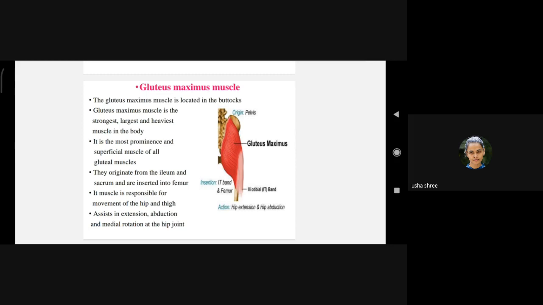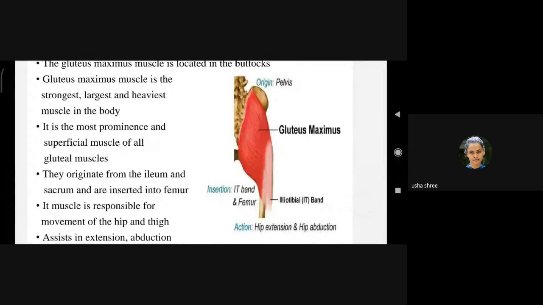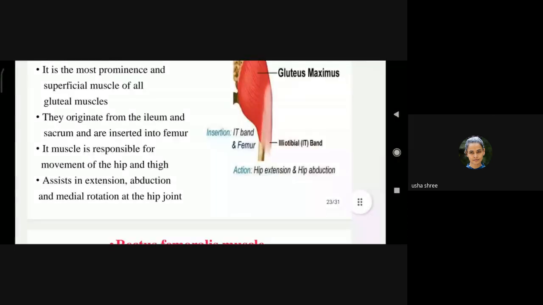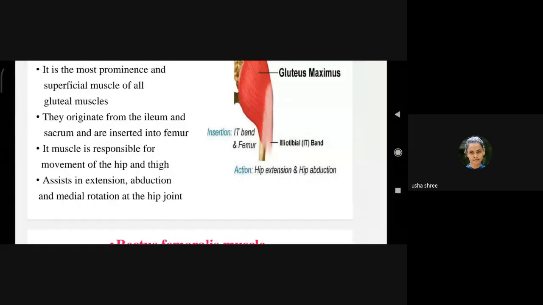They originate from the ilium and sacrum and are inserted into the femur. You can see here they are originating from the ilium and sacrum, and they are inserted into the femur bone, that is the thigh bone. This muscle is responsible for movement of the hip and thigh, right, and assists in extension, abduction, and medial rotation of the hip joint.